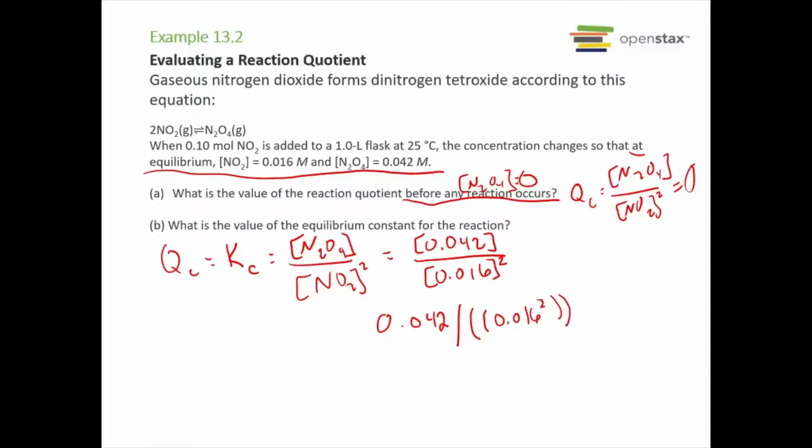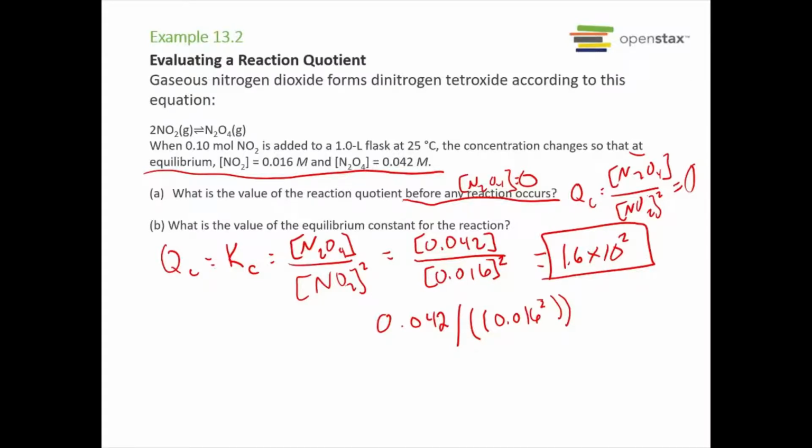You don't really have to do the extra parentheses, but that's just to make sure it knows the denominator is the only thing being squared, not the whole thing. When you punch this in, you get 1.6 times 10 to the second power. So that is our equilibrium constant for this reaction at 25 degrees Celsius.